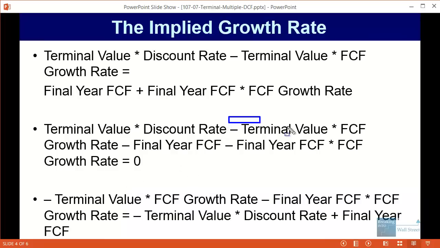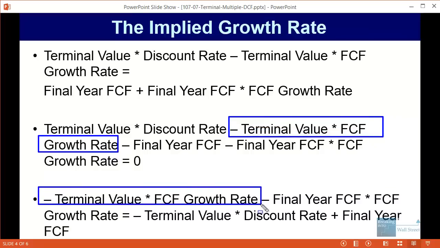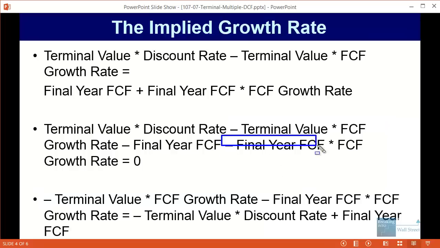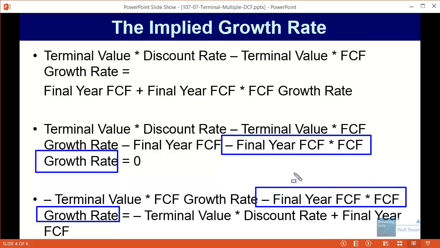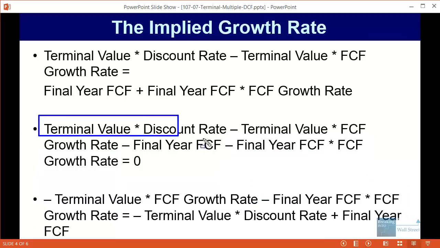So terminal value times free cash flow growth rate, this has a negative sign in front and we're therefore going to keep it on the side. And then the other term that involves it is minus final year free cash flow times the growth rate. We are going to keep this one on the left-hand side of the equation as well. And then those other two terms, terminal value times discount rate, we're going to move that over to the other side.